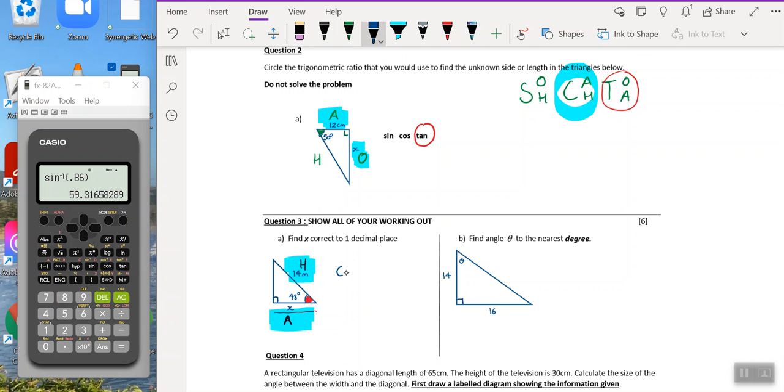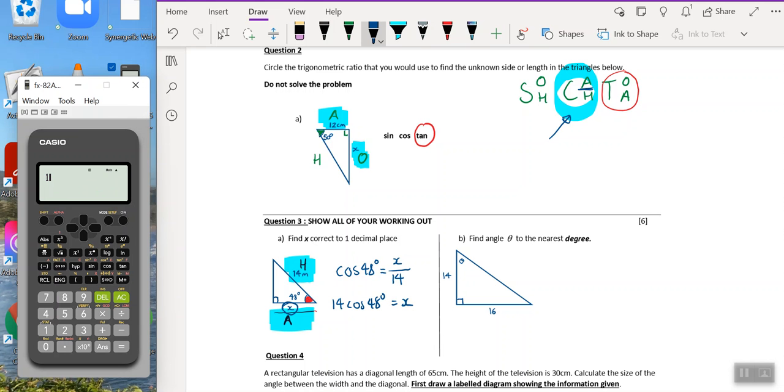Now we have to remember that cos 48 degrees, remember that this says up here, it's got to be the adjacent over the hypotenuse. So we've got to make sure we put the adjacent, which is x, over the hypotenuse, which is 14. Our next step in this question is to write 14 cos 48 degrees equals x, and then do that calculation on our calculator.